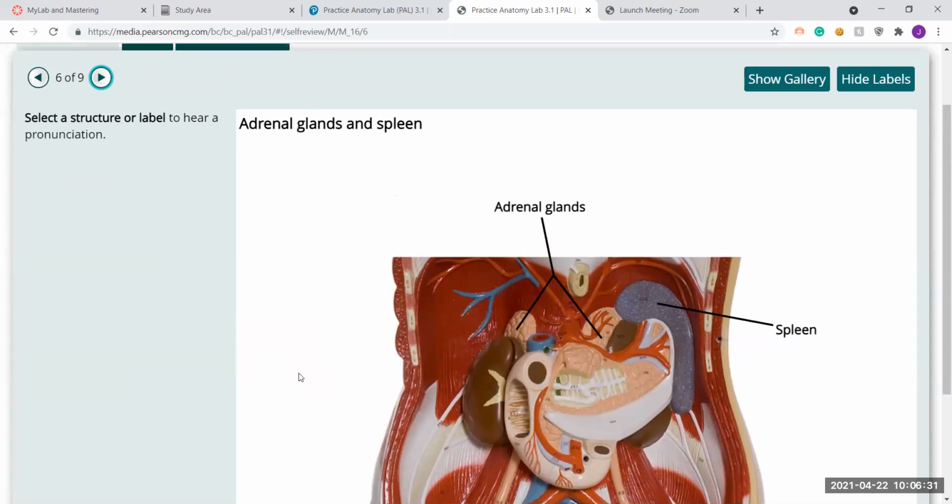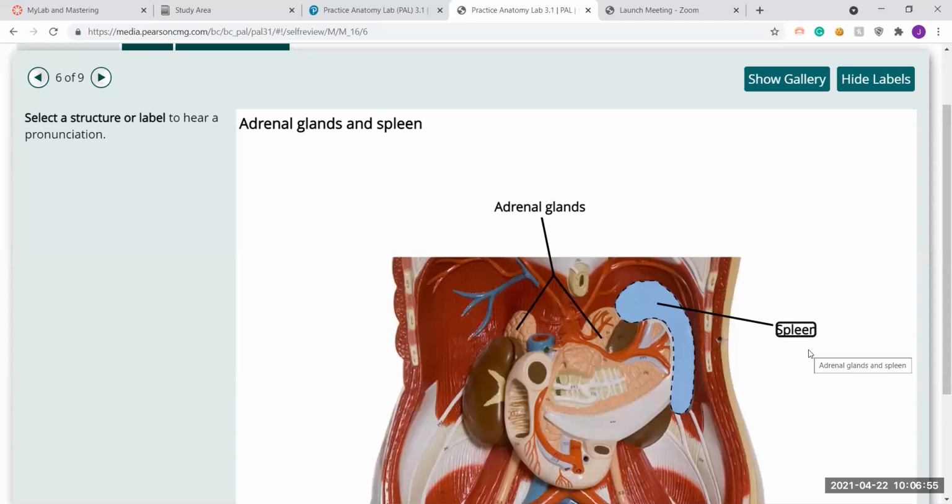Again, another lymphatic organ is the spleen. Not the adrenal gland. The adrenal gland is not a lymphatic organ. It is labeled here, but it is not. So it is the spleen, which is the lymphatic organ. This is the largest lymphatic organ in the body, and the spleen has two functions.